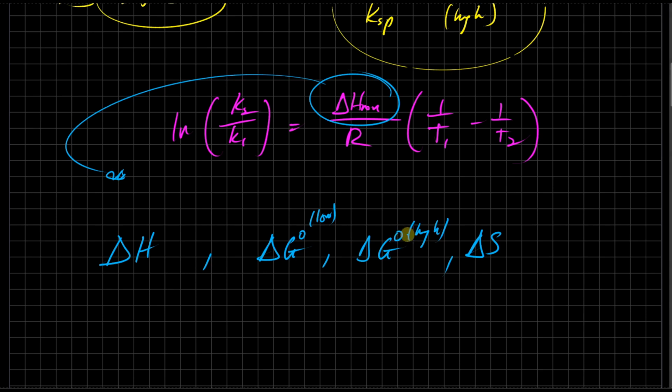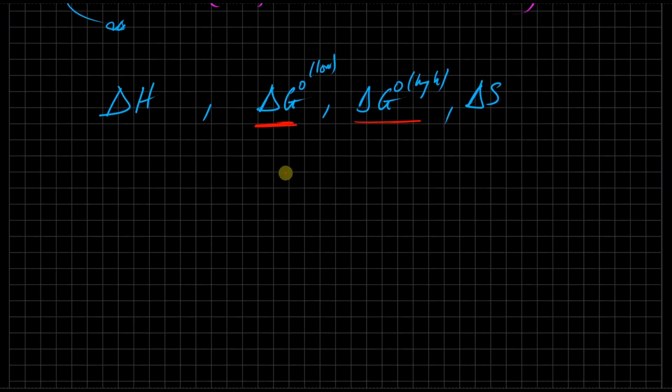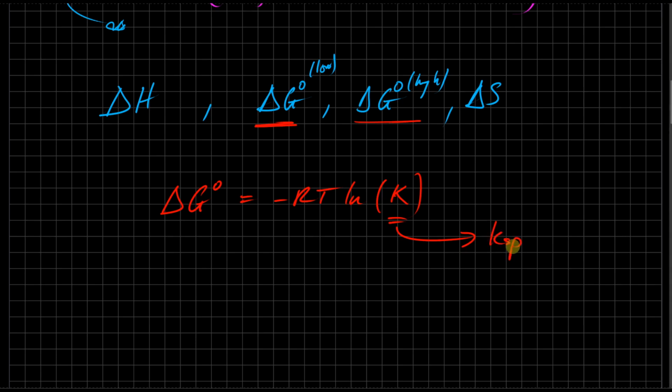Okay, so I already showed you how we can calculate the enthalpy change for the reaction. Now let's figure out how to calculate the Gibbs energy change for the reaction. Well, we know that at equilibrium, the Gibbs energy change standard is equal to negative RT natural log of K. K here is the Ksp, the equilibrium constant.